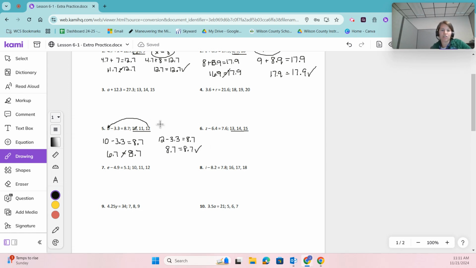So this is my solution. b equals 12, because my variable there was b in that one. You can try 6, 7, and 8 on your own there.